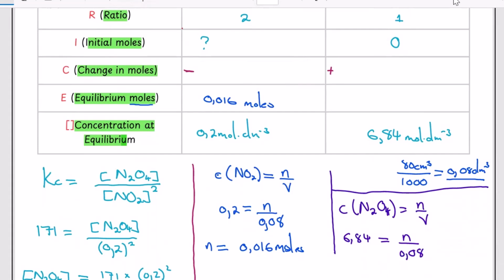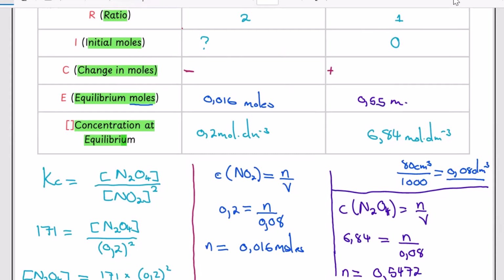Now if I do my math, the number of moles is equivalent to, if you cross multiply 0.08 multiplied by 6.84, you're going to get a value of 0.05472. If you round this off, you're going to get a value of 0.55. So I can just say a value of what?